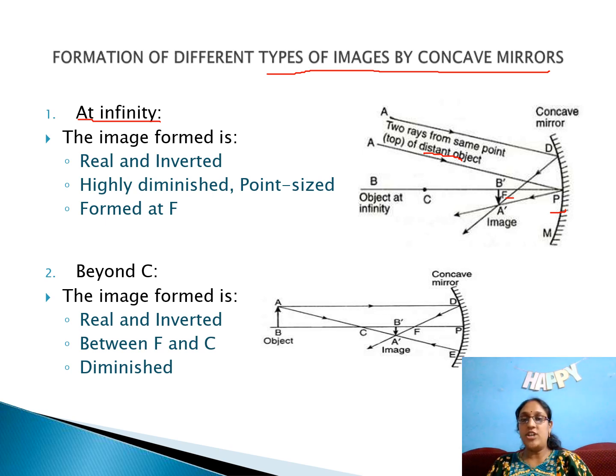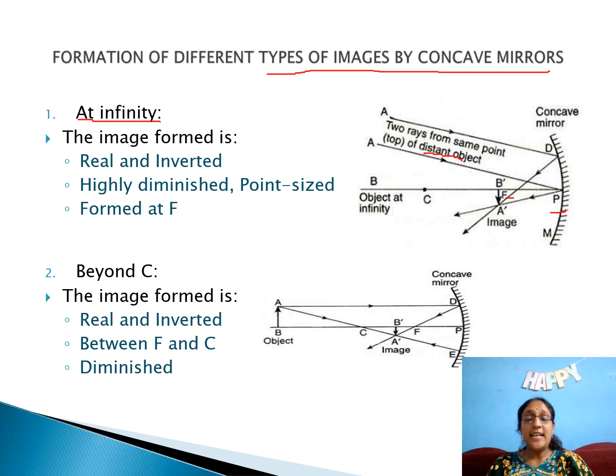This is for an object at infinity. Can you get it? The two rays from the same point are not going to the same destination, one goes to your mirror and the other to your pole, but both coincide at the focus where you get the image. That is the image formed when the object is at infinity.